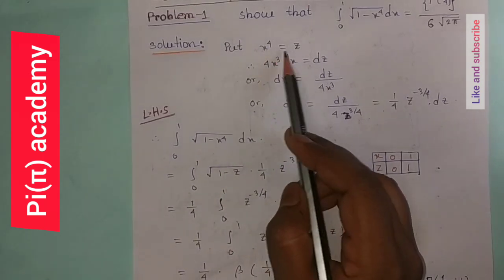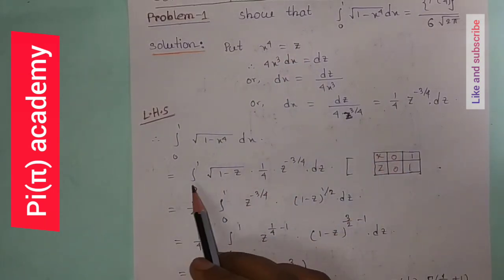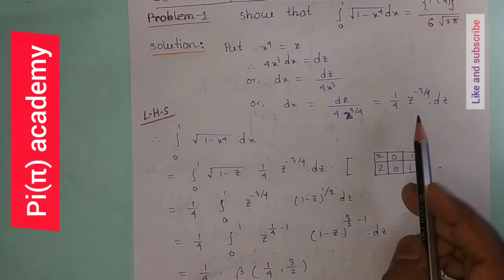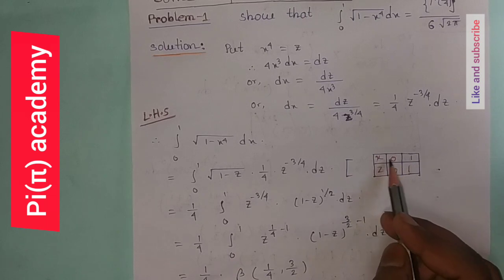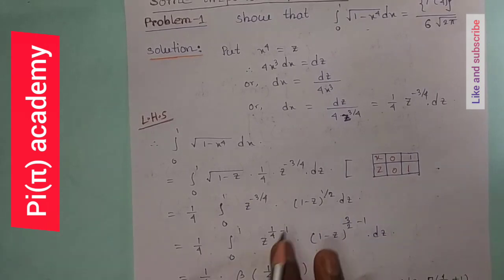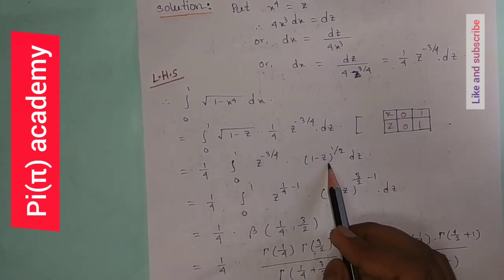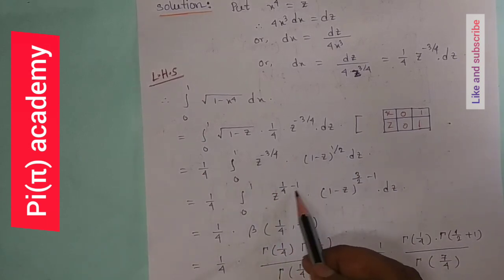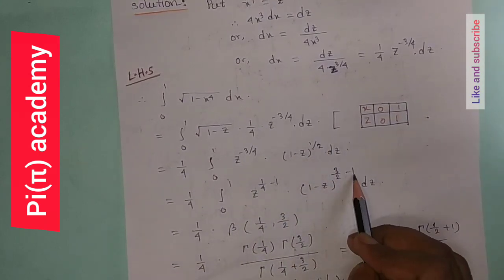Now, we put the value of x to the power 4 and also the value of dx, and therefore the integral from 0 to 1 of root over 1 minus z, and the value of dx is this, and the limit is unaltered, because when x equals 0, z equals 0, and when x equals 1, z also equals 1. This is 1 by 4 times the integral from 0 to 1 of z to the power minus 3 by 4 and 1 minus z to the power half dz, and we can write this as 1 by 4 minus 1, this also minus 3 by 4, and this is also 3 by 2 minus 1.